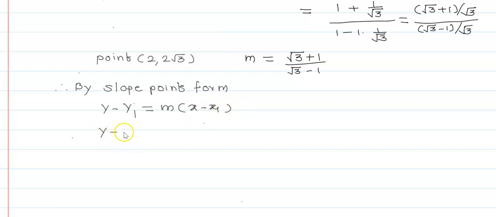Substituting the values, y minus 2 root 3 is equal to root 3 plus 1 upon root 3 minus 1 into x minus 2.